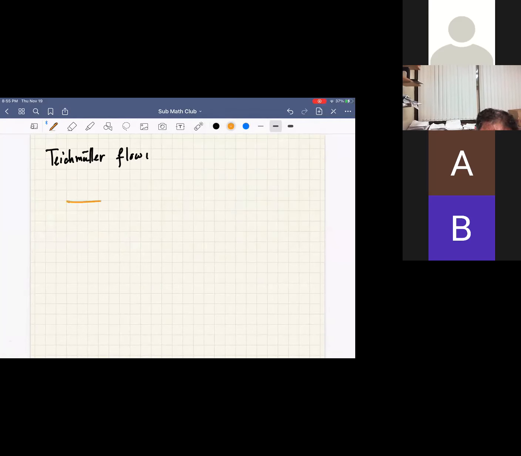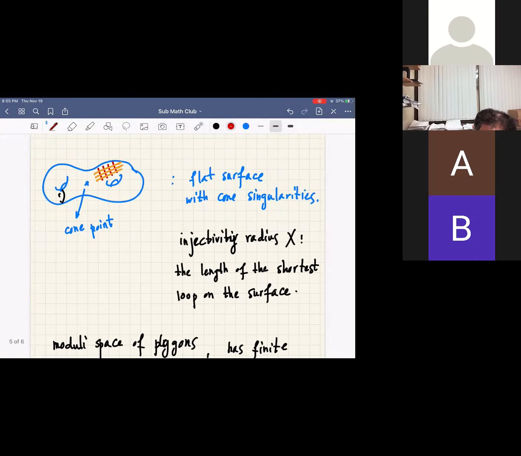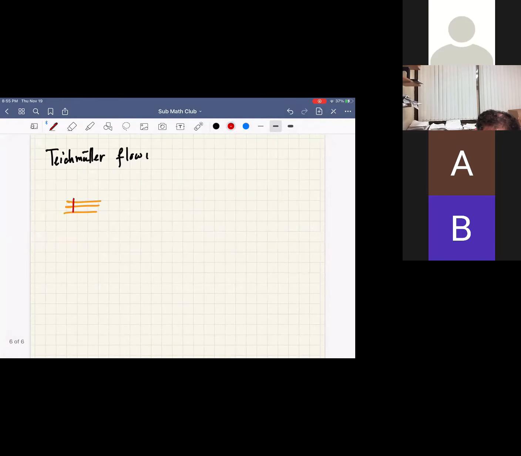So let's say I have a piece which looks like this. Then the Teichmüller flow is going to stretch it horizontally and contract it vertically. So it's going to take this to something which looks like this.